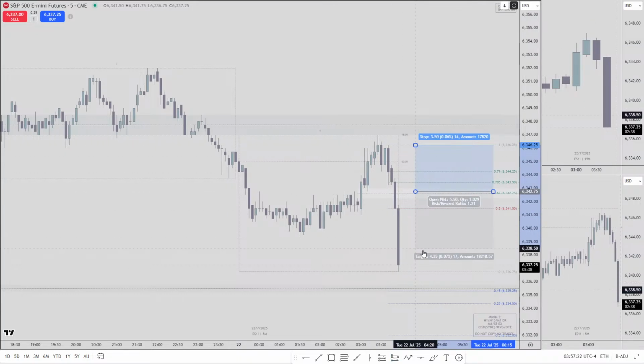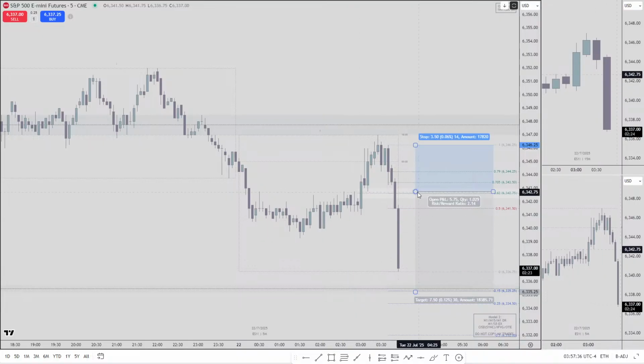Let's take a look. Okay, 2R, not too bad. Not too bad, but it has to retrace here, right? So the odds of it happening is low right now, I would say.